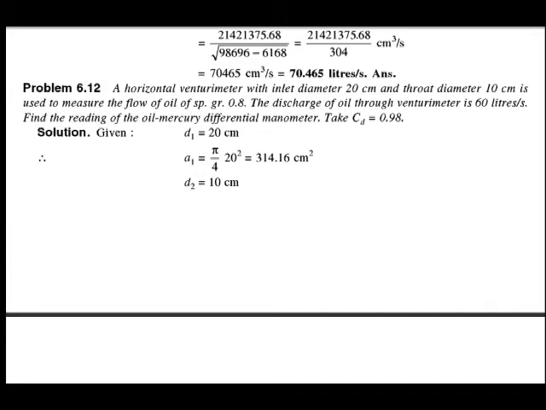Okay, and they have given the discharge of the oil as 60 liters per second, and the value of CD as 0.98. We have to calculate the reading of the oil mercury differential manometer, means we have to calculate the value of x. Okay, and they have given that the differential manometer contains mercury.